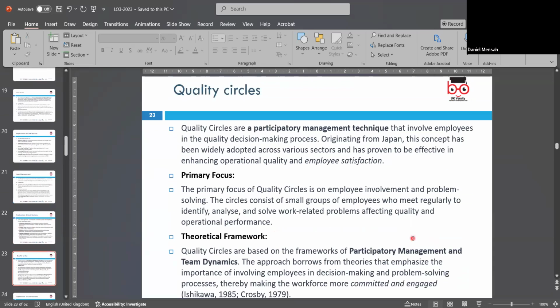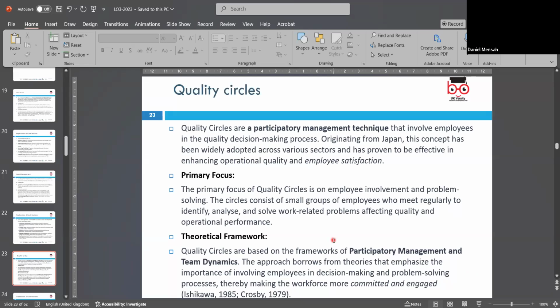Okay. So then there was another approach, we call it quality circles. We remember we discussed quality circles yesterday. Basically, it is a participatory management technique, where they encourage the involvement of employees in the decision-making process. This technique also came from Japan.